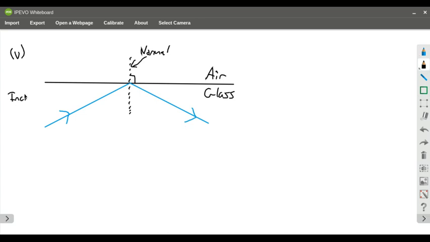The incident ray is this, and this is the refracted ray. Refracted, not reflected. Well, it's probably better to say reflected, actually, because it's being reflected back in. It's not refracted. Total internal reflection.